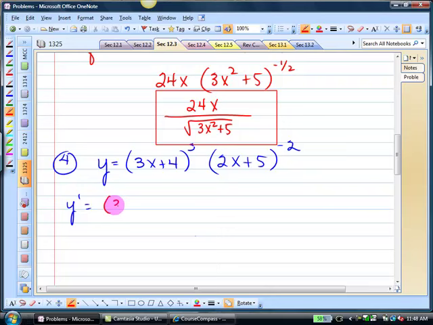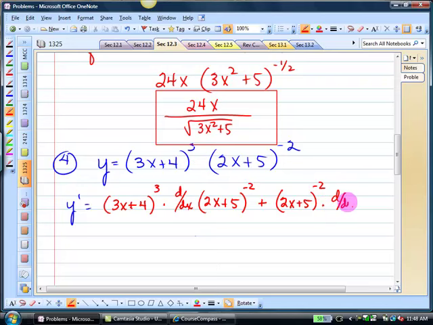So we have 3x plus 4 to the third times the derivative of this guy plus that guy. Is that a positive 3, not a negative, is it? I don't have the problem set. Is that right? Okay. Times the derivative of the other one.